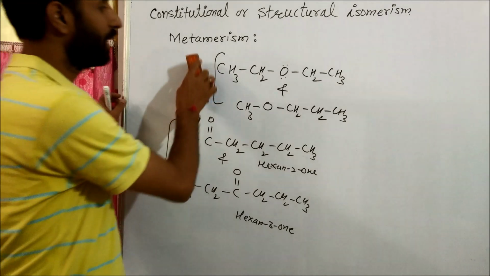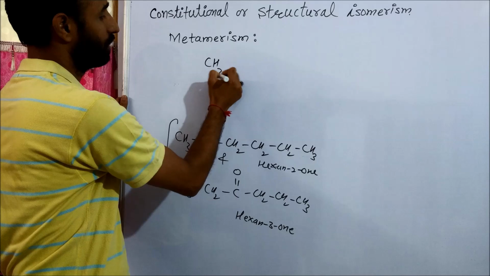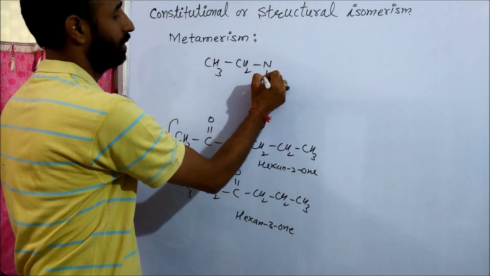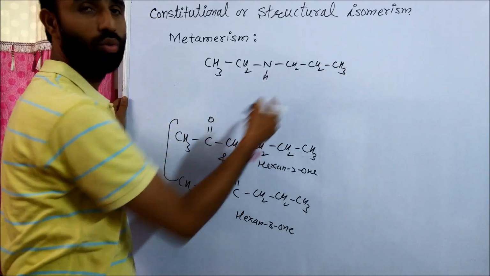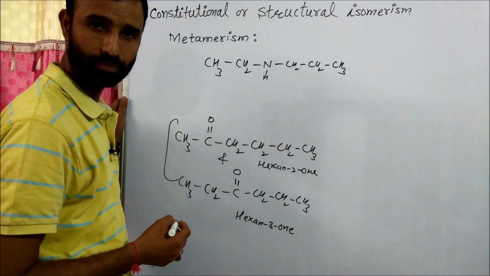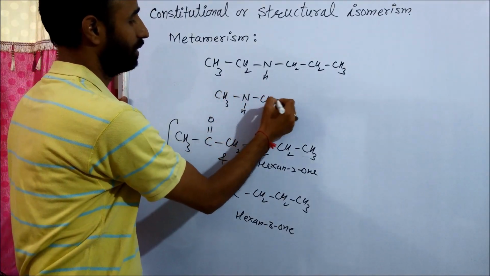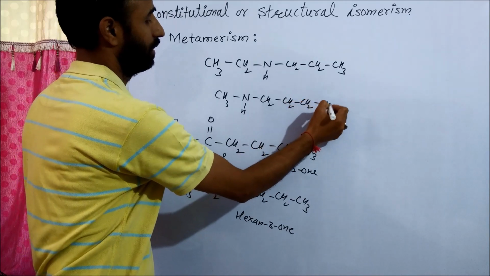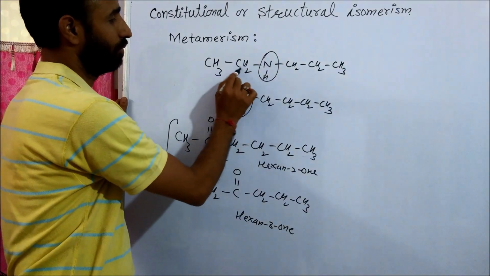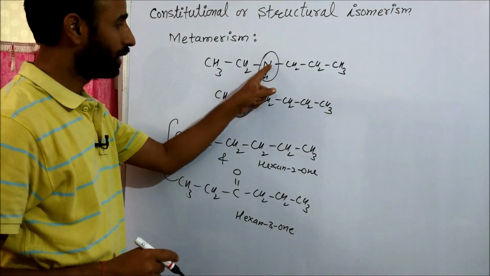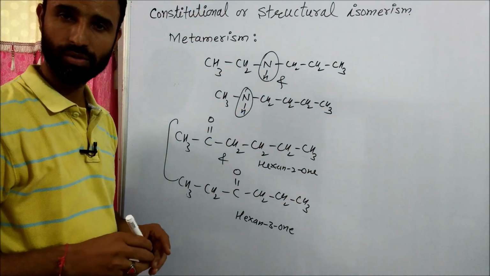Another example is given by secondary amines. In secondary amines, 2, 3, and if we write it 1, 4, so alkyl groups attached to NH are different, so they are again metamers, right?